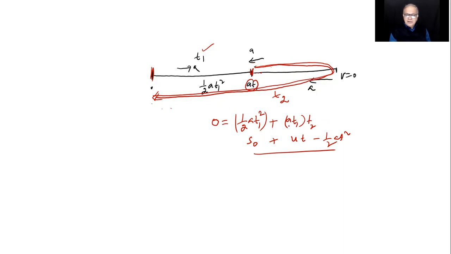This is one distance from here to here. So if you solve for t2 here, you'll get it in terms of t1, into something. Then this t2 plus that old t1 will give you the answer.